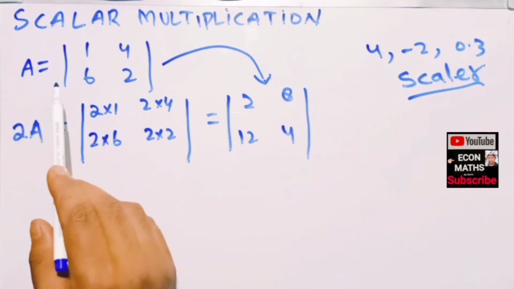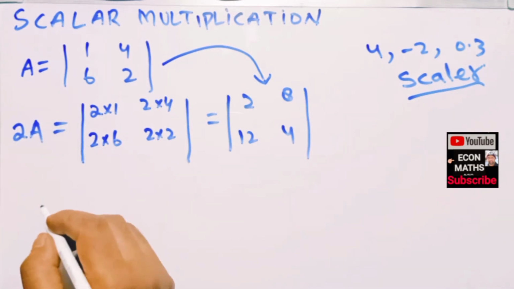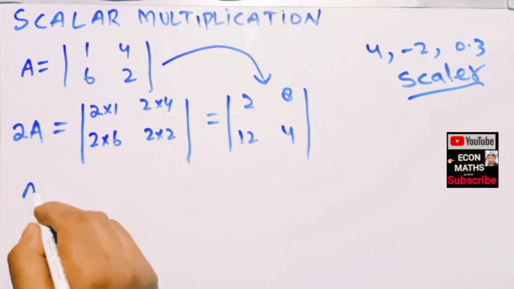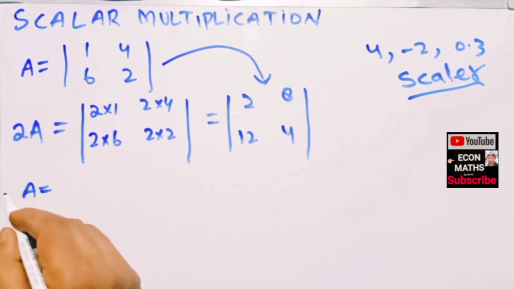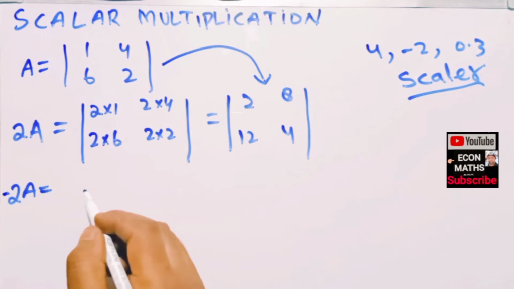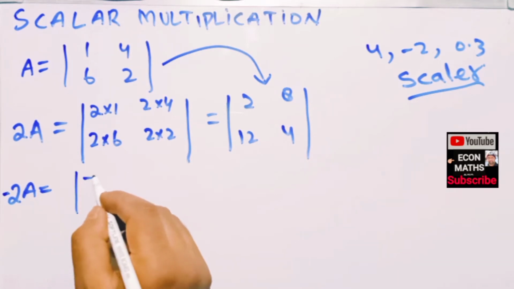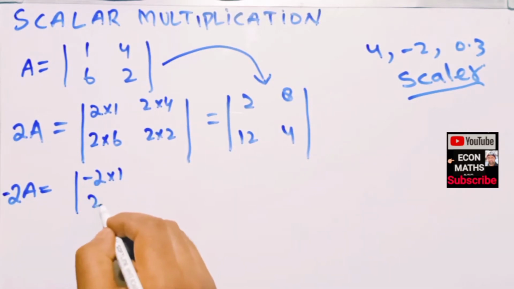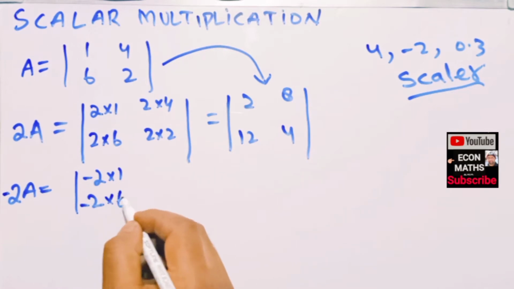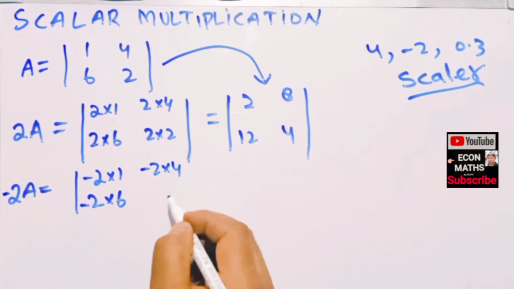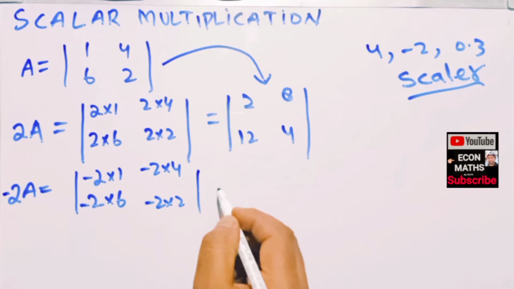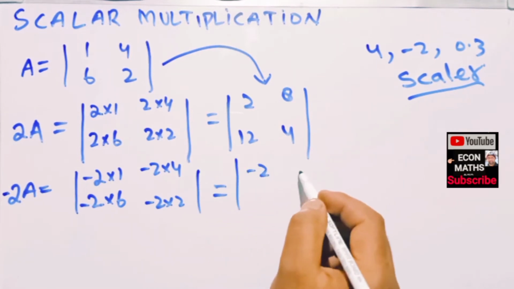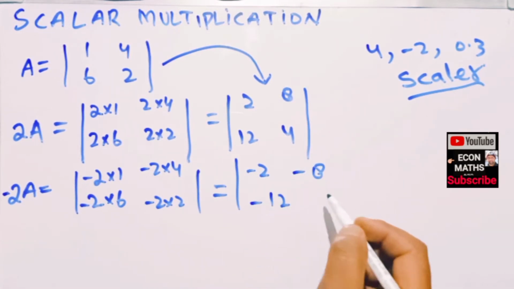If I multiply the same example by minus 2, this will become minus 2 into 1, minus 2 into 6, minus 2 into 4, minus 2 into 2. That will give us minus 2, minus 8, minus 12, minus 4.